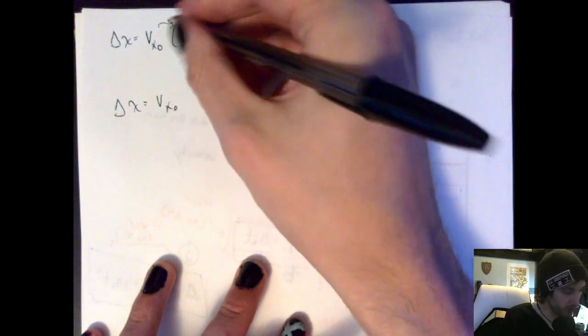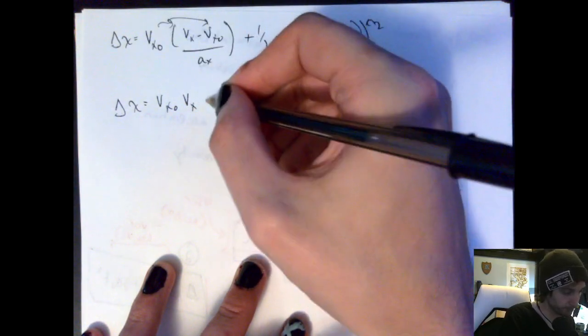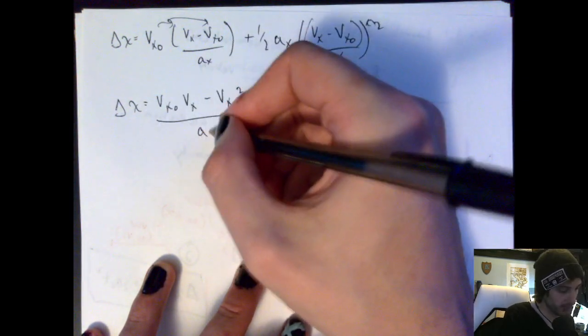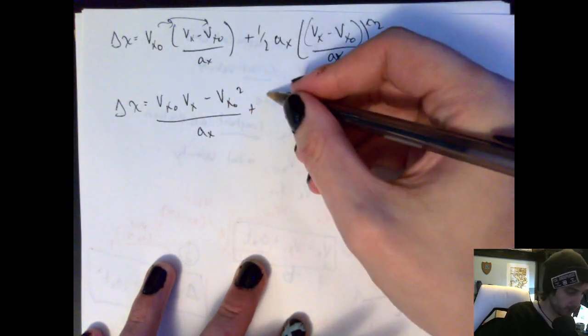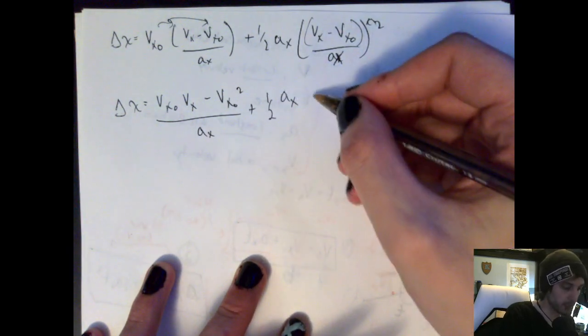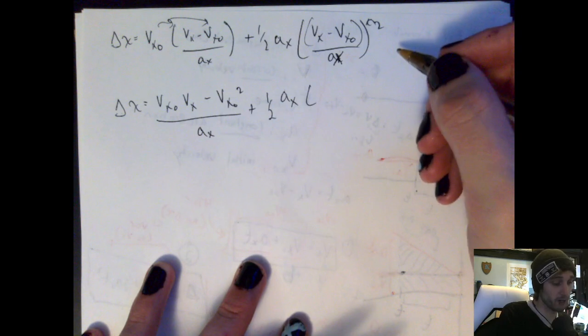I'm actually going to distribute this Vx naught while I'm at it. That'll give us Vx times Vx naught minus Vx naught squared. That's being divided by Ax. Plus 1/2 Ax times Vx minus Vx naught squared.